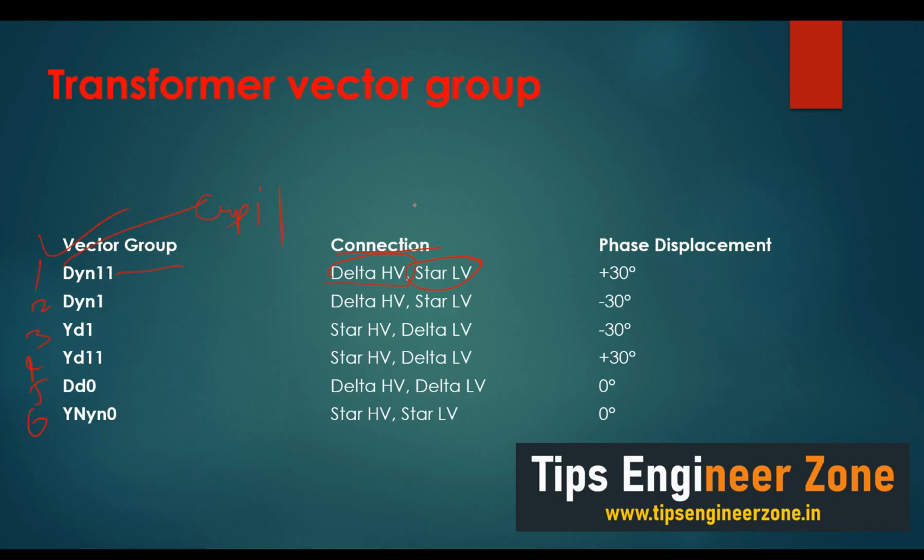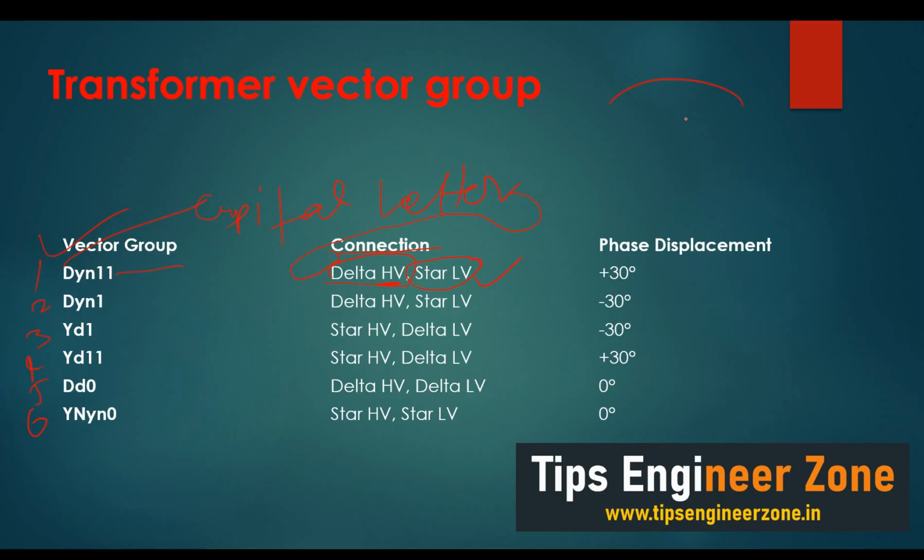Delta is a capital letter, that's why this is the delta HV winding, and star is the small letter, meaning LV.